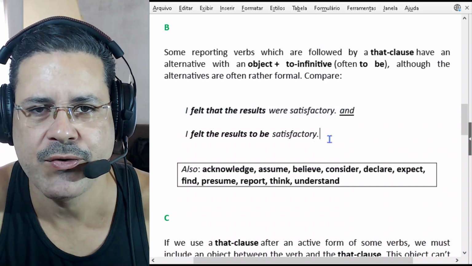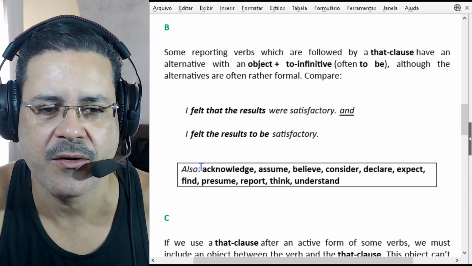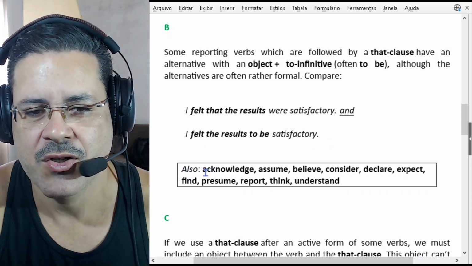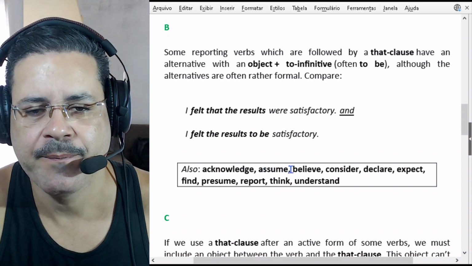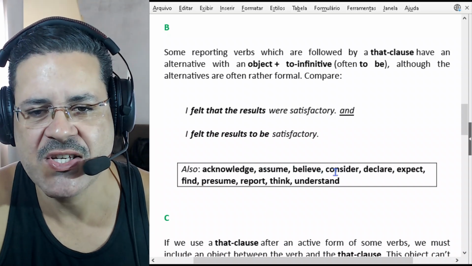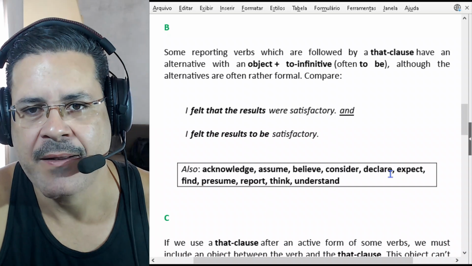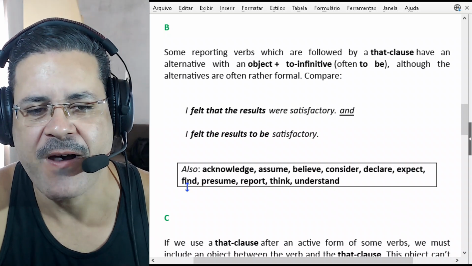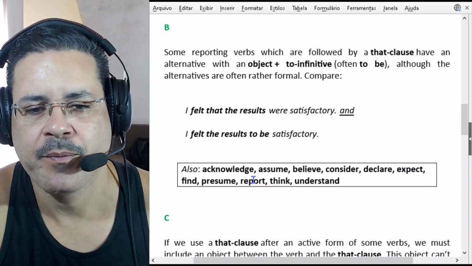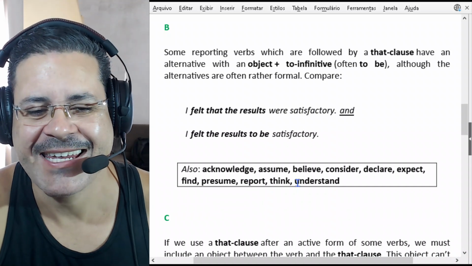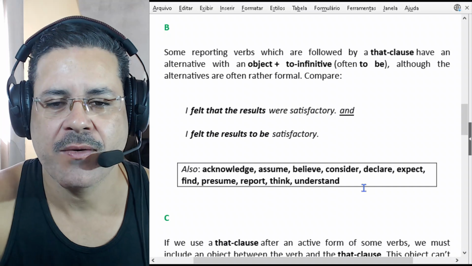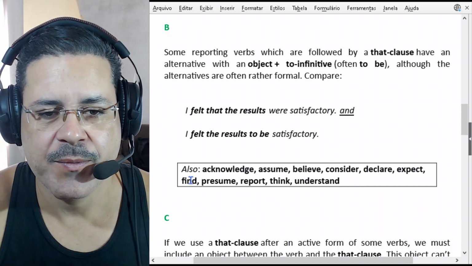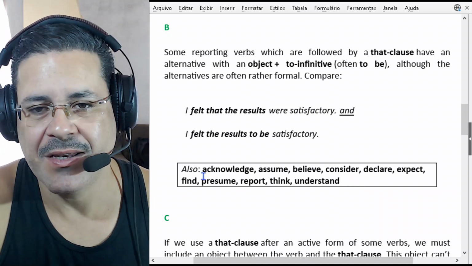We might use that pattern with the verbs to acknowledge, assume, believe, consider, declare, expect, find, presume, report, think, and understand. Remember, those verbs should be used inside a context.